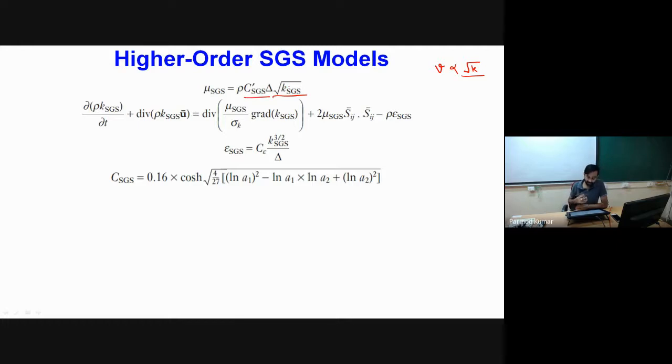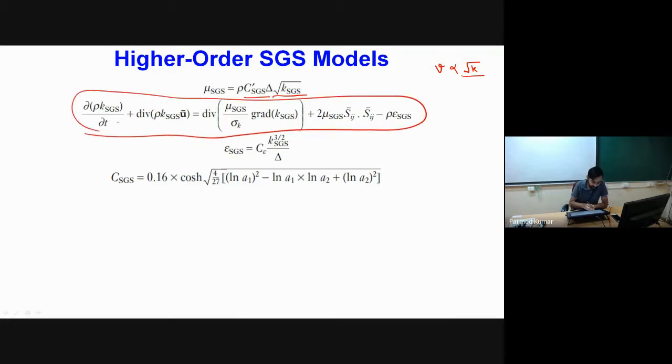In order to find the SGS turbulent kinetic energy, we will be solving an additional equation for the transport of kinetic energy. You can see the first term in this kinetic energy equation represents the time rate of change of turbulent kinetic energy. The second term represents the convective term, which is the convection part. The third term is the diffusion part.